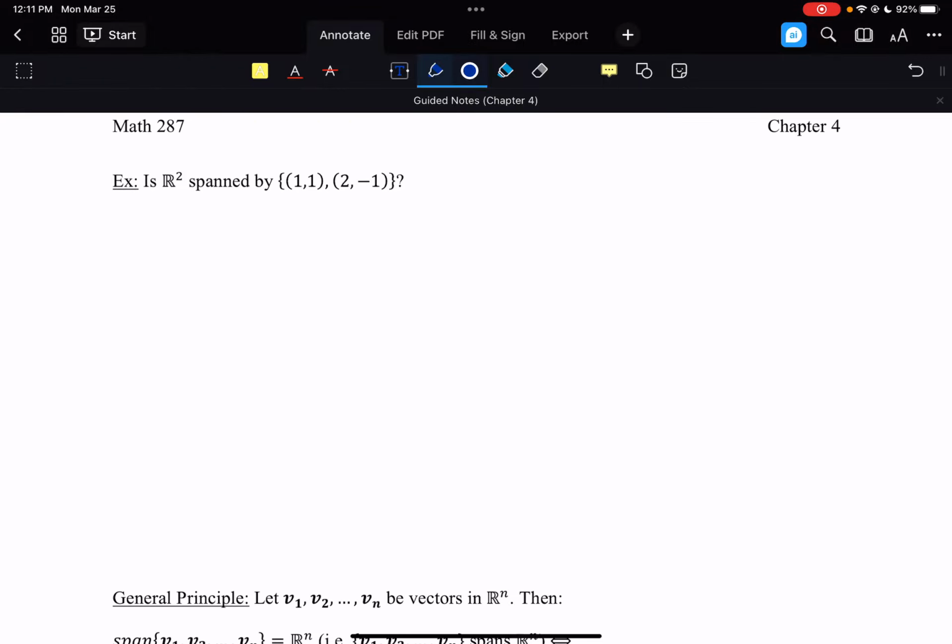Up here is R2 spanned by these two vectors, 1, 1, and 2, -1. So in other words, can we create any two-dimensional vector using only some combination of these two? Okay, so if we look at the linear combination here, so if we create that first, that's C1 times 1, 1 plus C2 times 2, -1 equals x1, x2.